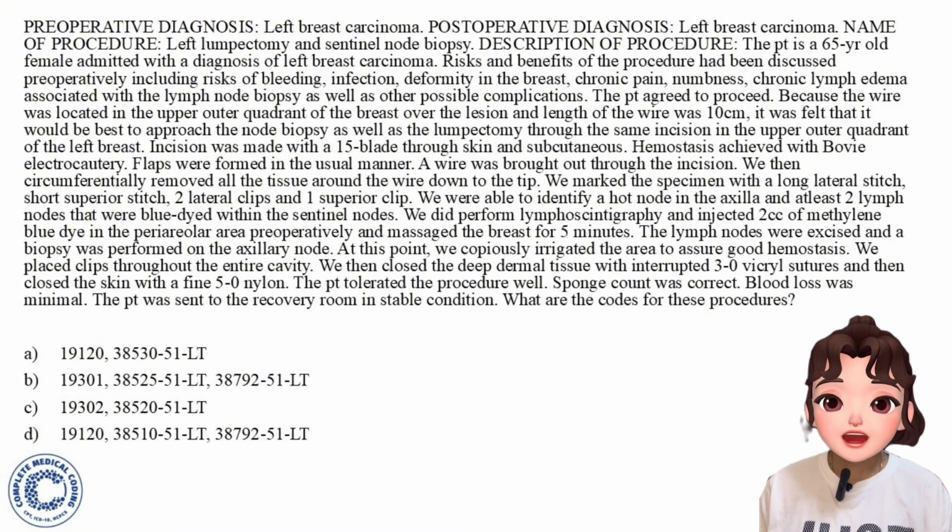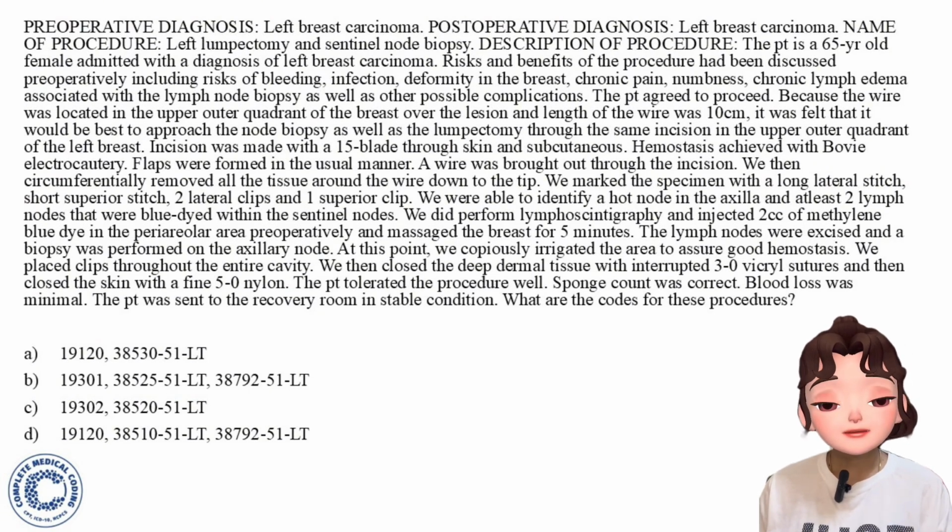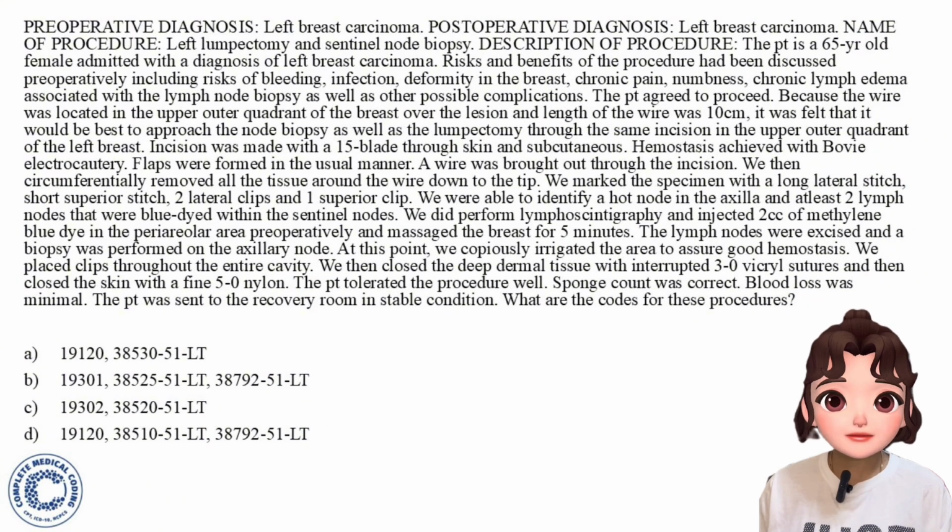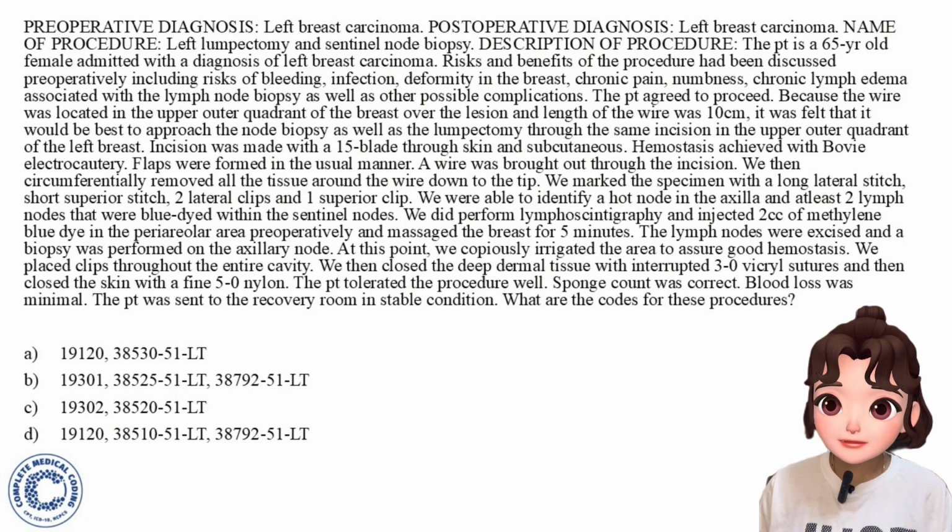Mastectomy partial, example lumpectomy, tylectomy, quadrantectomy or segmentectomy. Removal of a mass, a quadrant, a segment, all of those you can code under this procedure. And it is also written partial. Partial means only one, so we don't have to append any modifier for this code. So 19301 is what we need.